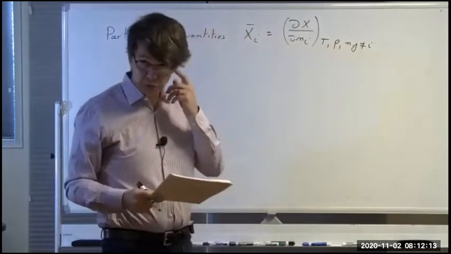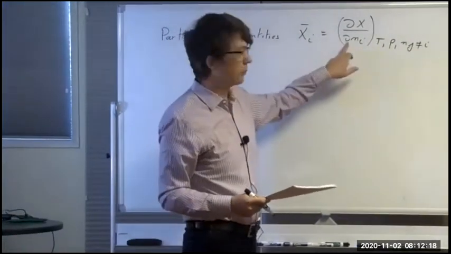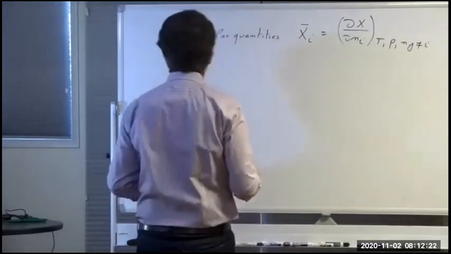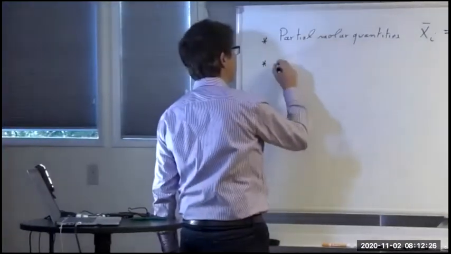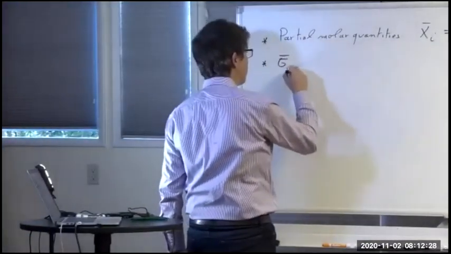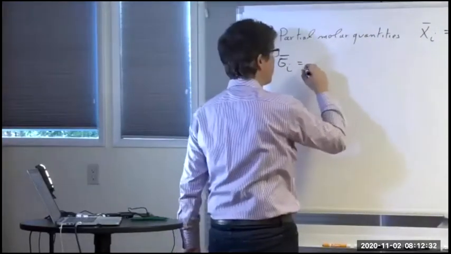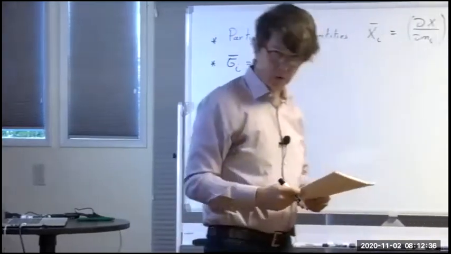And I showed you the difference between that and a derivative with respect to composition, right? So this is not a derivative with respect to composition. There is one particular partial molar quantity. If you calculate the partial molar Gibbs free energy, so if you put G in there, you will find that that is the chemical potential, right? So the chemical potential is a partial molar quantity.